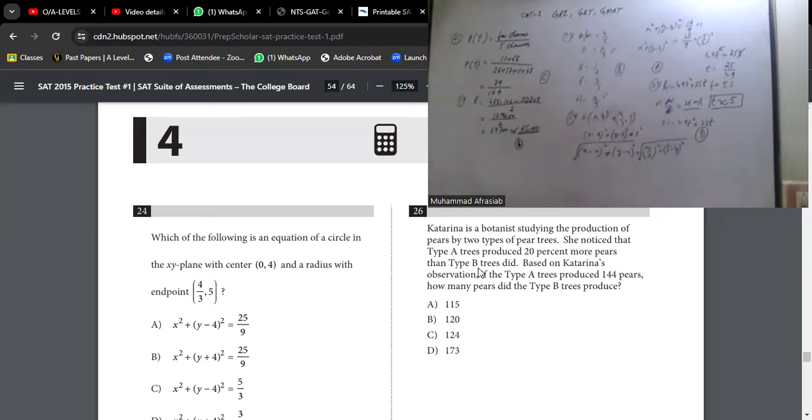She noticed that tree type A produced 20% more pears than the type B tree did. Based on Katrina's observation, if the type A tree produced 144, how many pears did the type B tree produce?